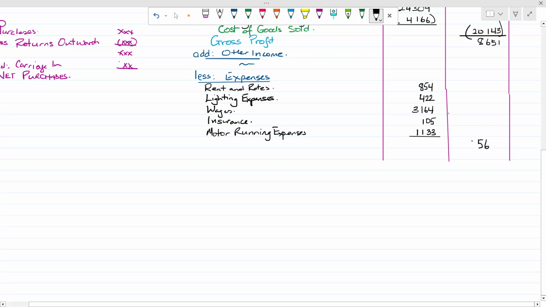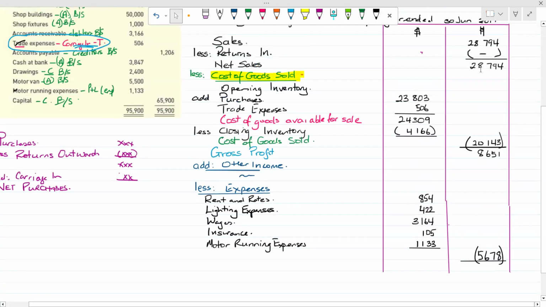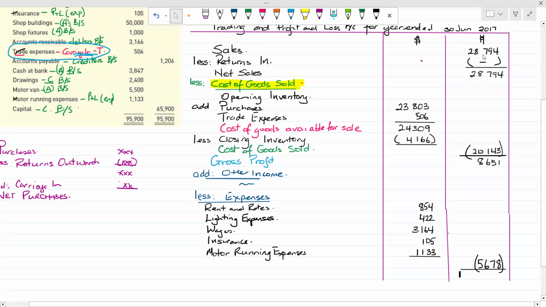Now, the importance of doing stuff like this is so we now have totals. We can know what our total expenses were, what the total gross profit was, the total cost of sales. That's what I describe this final column as being, a total column, right?